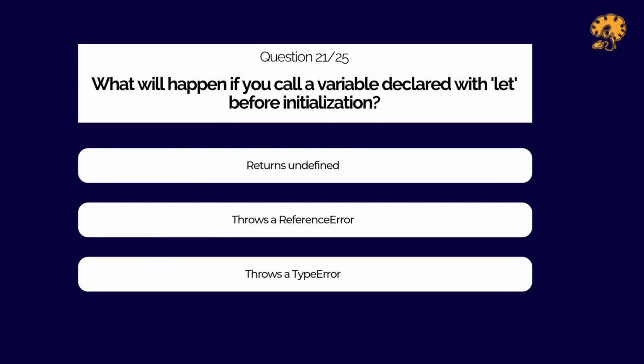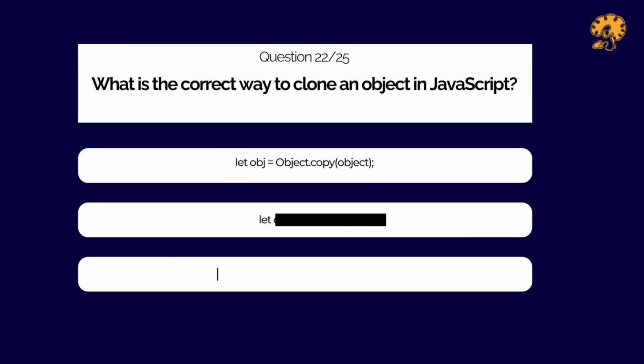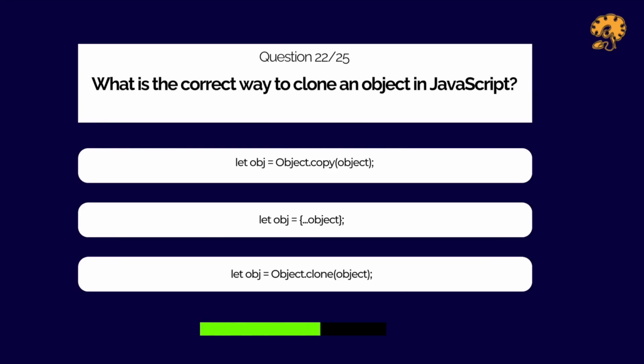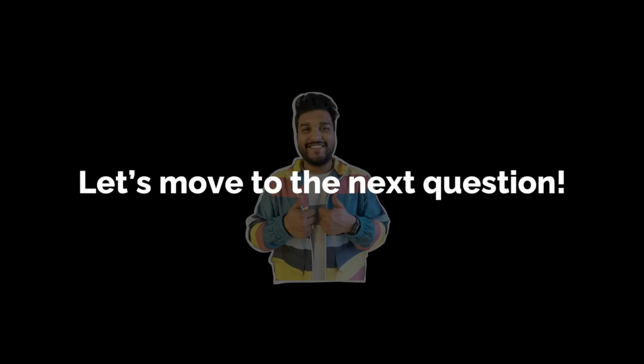What will happen if you call a variable declared with let before initialization? Let's move to the next question. What is the correct way to clone an object in JavaScript? Let's move to the next question.